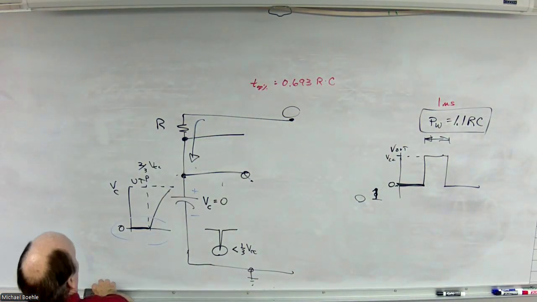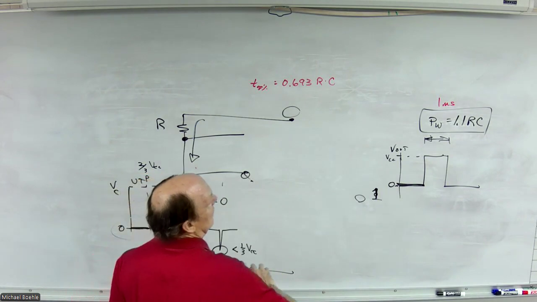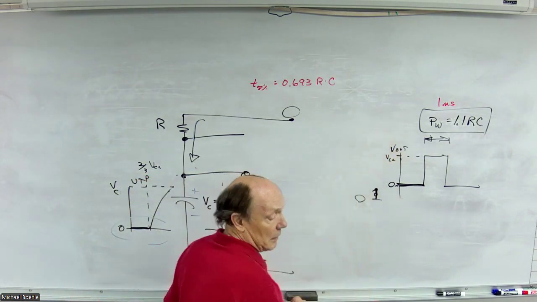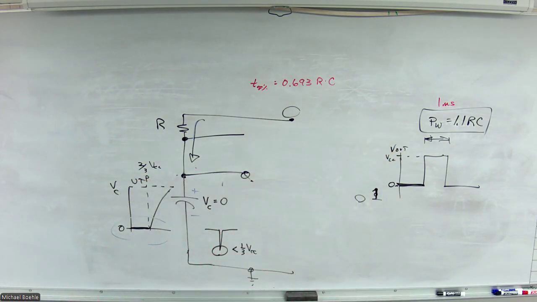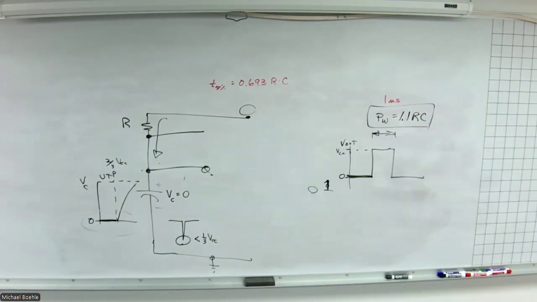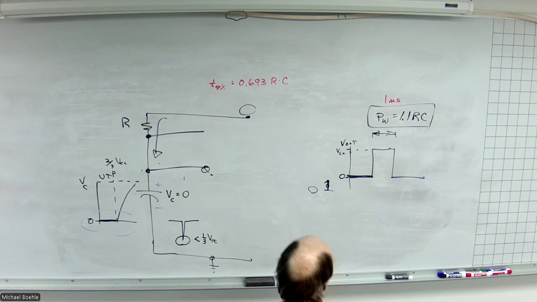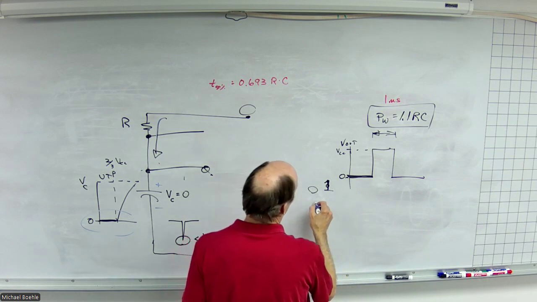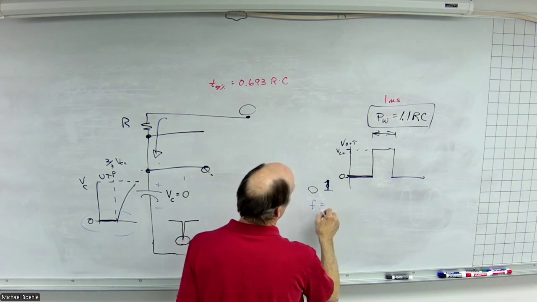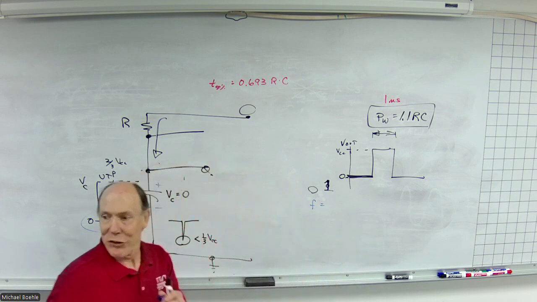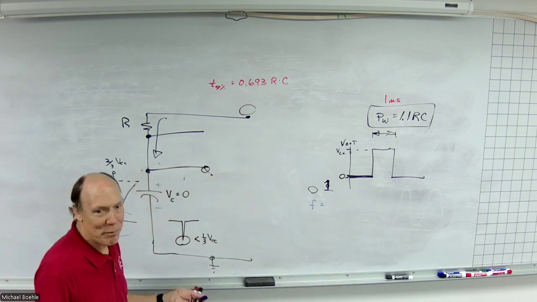So what I can do with this pulse width is, for example, trigger this with a frequency. Remember our pulses that we had? You can generate pulses different ways.